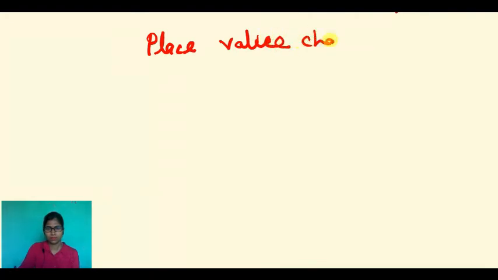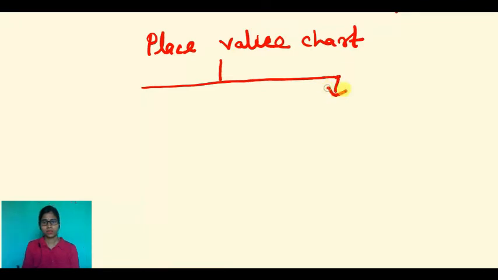Our next topic is place value chart. For large numbers we need to study two types of place value system.